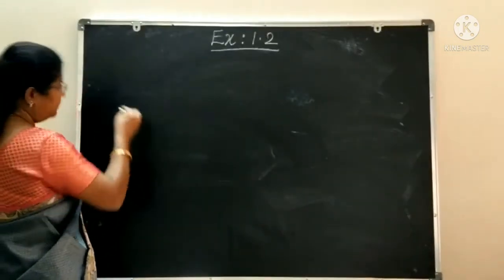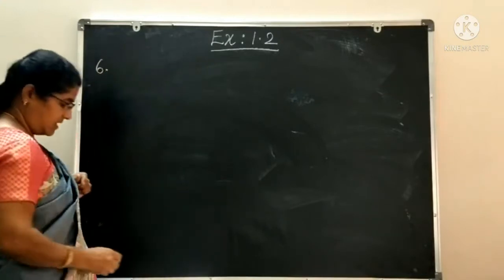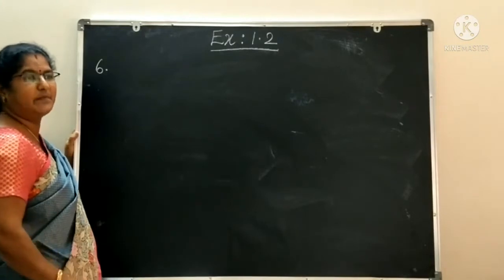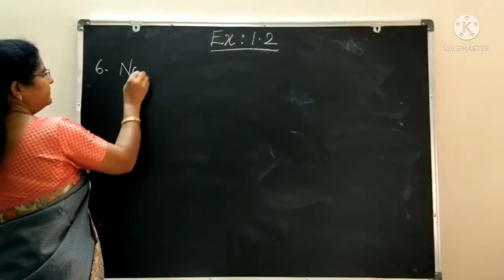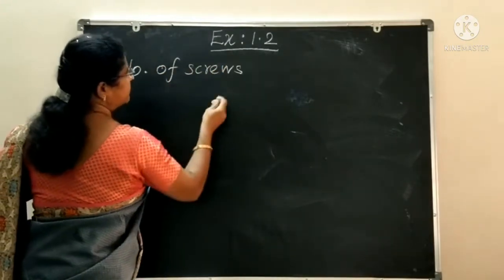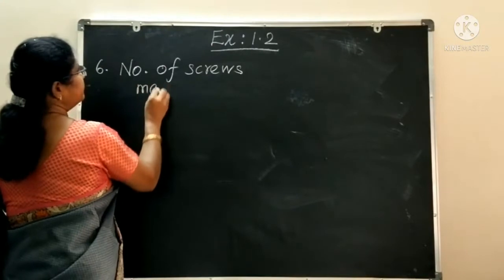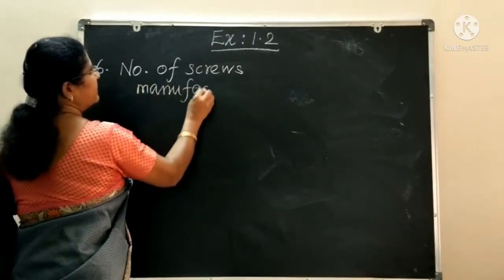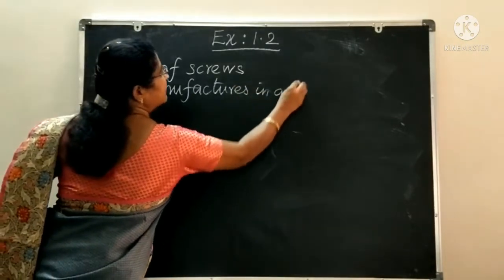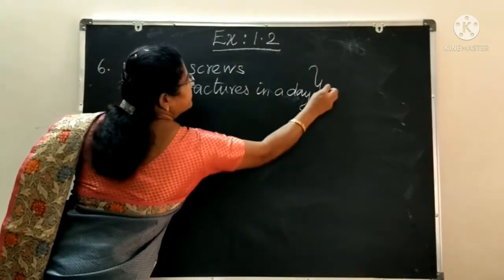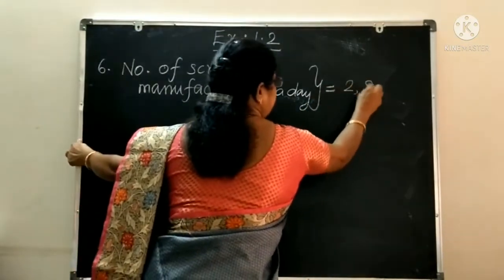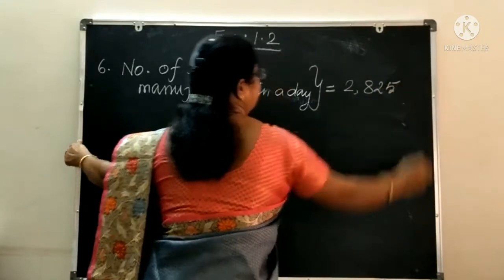For question number 6, what is given here? We can write the statement: number of screws manufactured or produced in a day is 2,825.